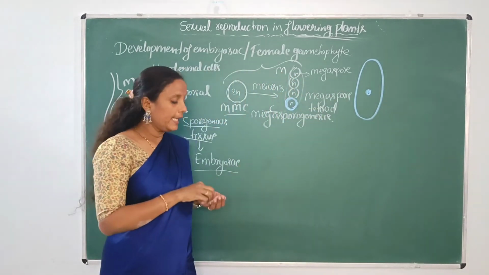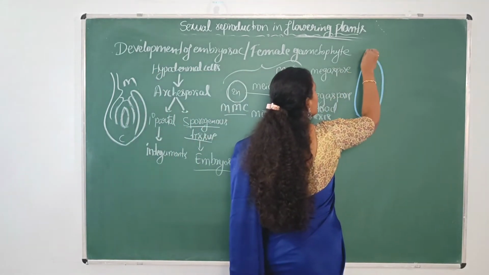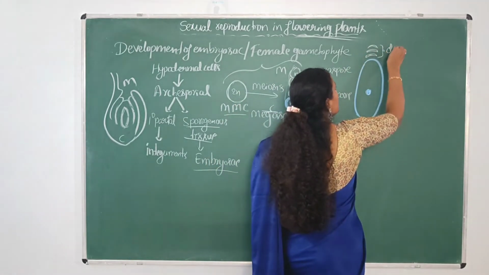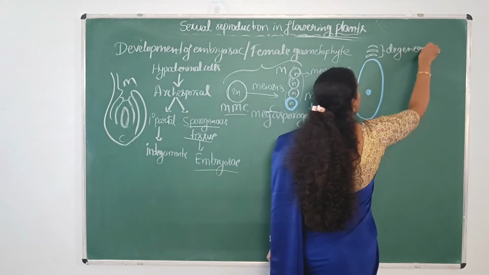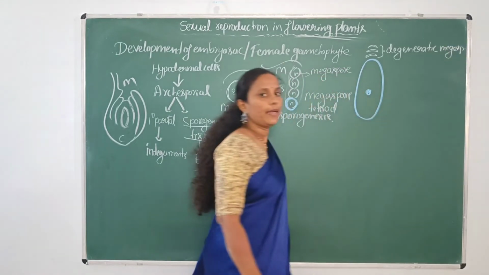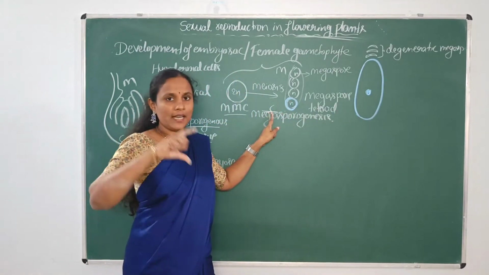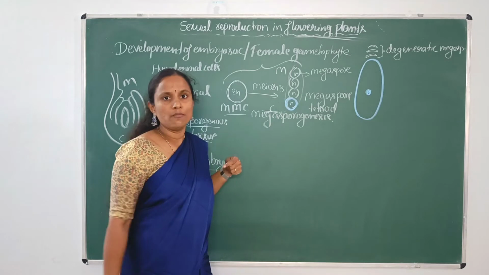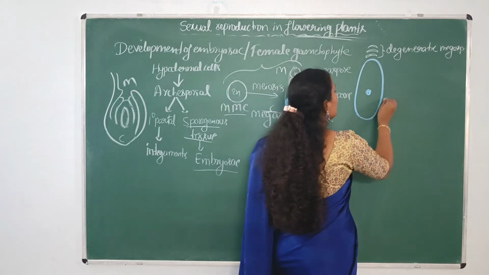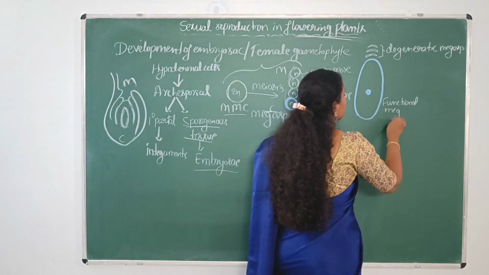The remaining 3, which are present towards the micropyle, will degenerate, so we can label them as degenerating megaspores. The megaspore towards the chalaza, which enlarges in size and later develops into the embryosac, is referred to as the functional megaspore.